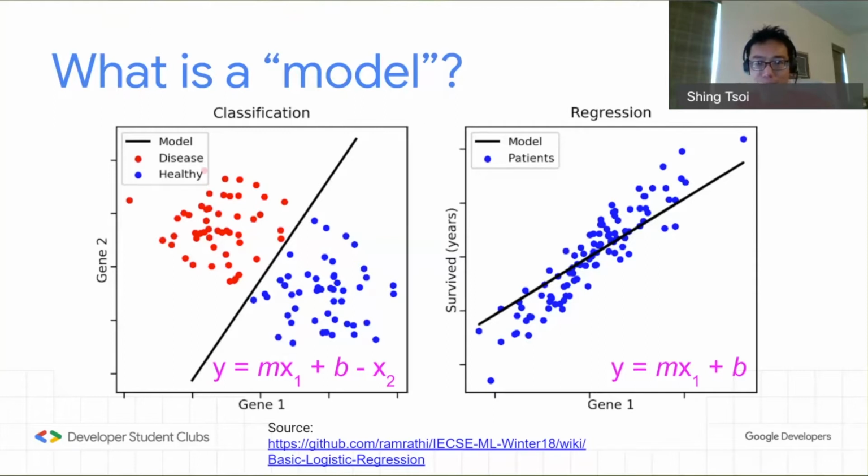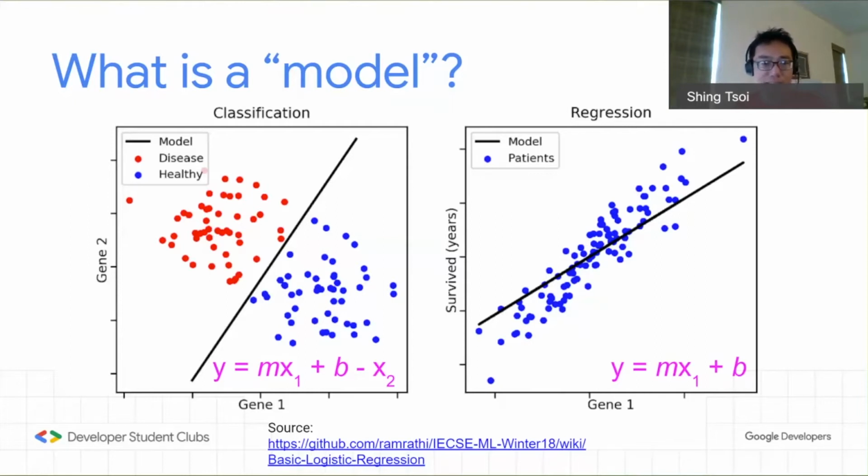The model, represented by the equation y equals m x1 plus b minus x2, is a line used to classify between a healthy patient and a patient with disease. If y is greater than 0, then the patient is classified as healthy, represented by the blue dots. Otherwise, the patient is classified as having a disease, represented by the red dots.